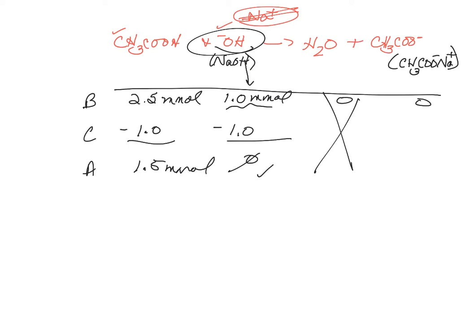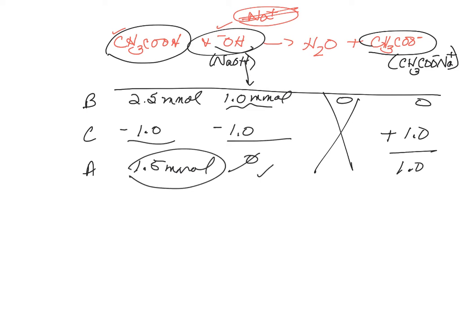And we don't care about water. Then we have made plus 1 millimole of its conjugate base. So now we have the amount of the original weak acid and the amount of its conjugate base.